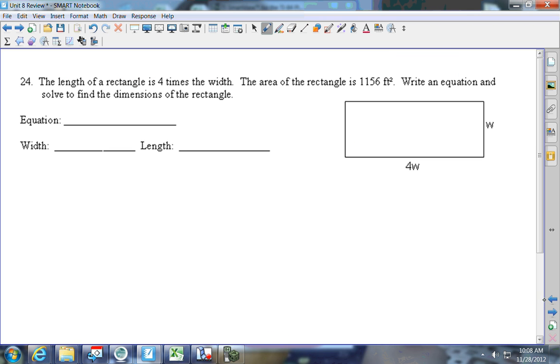Number 24. The length of the rectangle is 4 times the width, and the area is 1,156. Write an equation and solve to find the dimensions of the rectangle. Okay, area is length times width. I know the area is 1156. So I have 4w times w, length times width, equals 1,156.